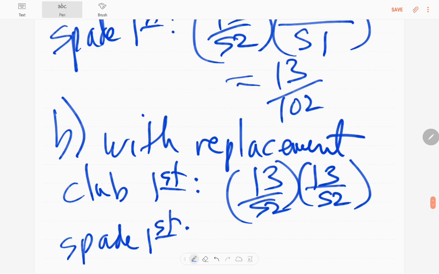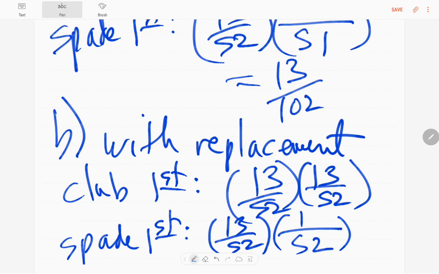And if we assume the spade is first, you're going to get the same thing. 13 out of 52 are spades, put it right back in the deck. There are still 52, but I've got all 13 clubs left. So I end up with 1/8 when I add those two numbers together. And this should be approximately 1/8.